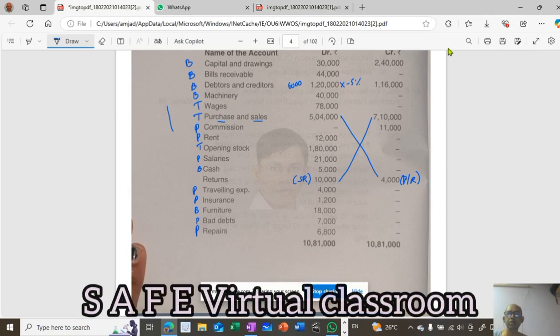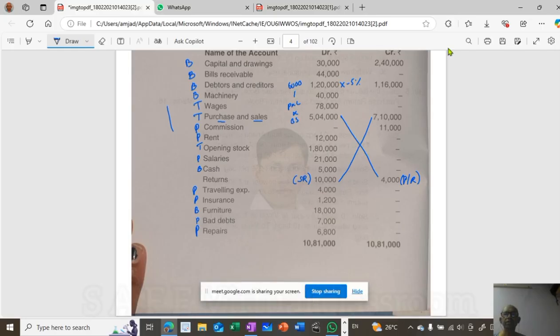So this will go to profit and loss and the balance sheet also. It won't come down to 6,000 if I just minus 5%. You just calculate 1,20,000's 5%.